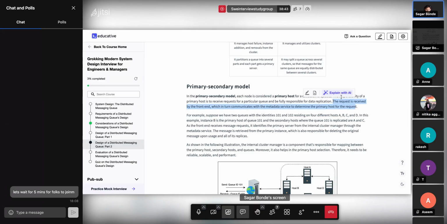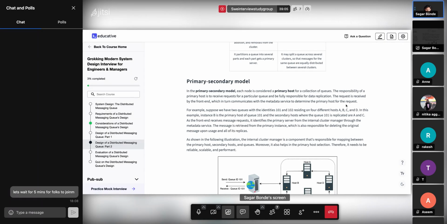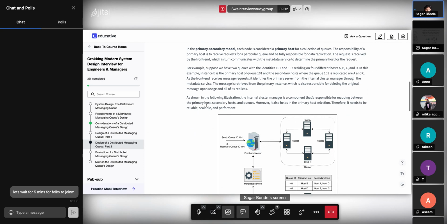So far we were wondering what the main use case of the metadata service is. This is where the front end service tries to find out the primary, and the request goes to the particular primary where the data is located. Then, as we were discussing, the primary takes care of all the replication.